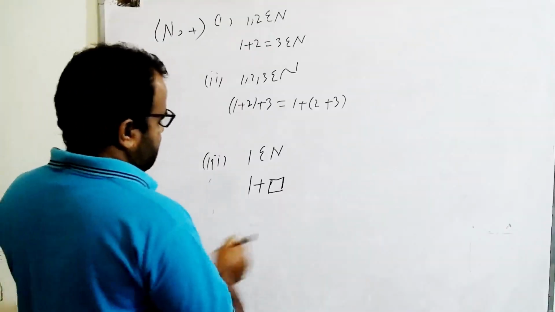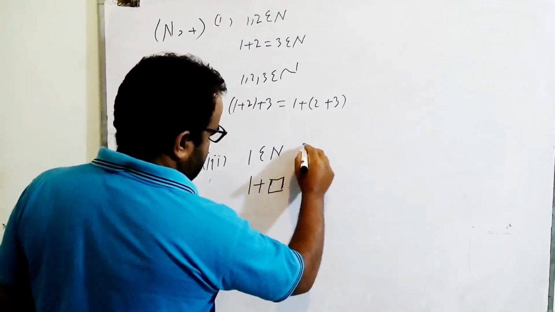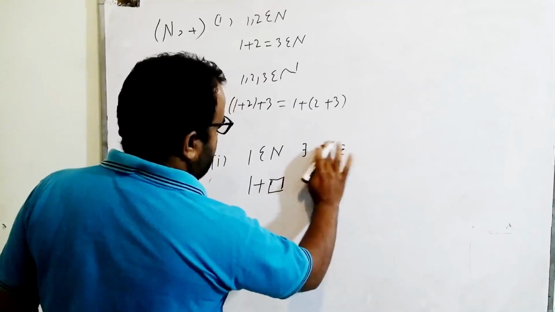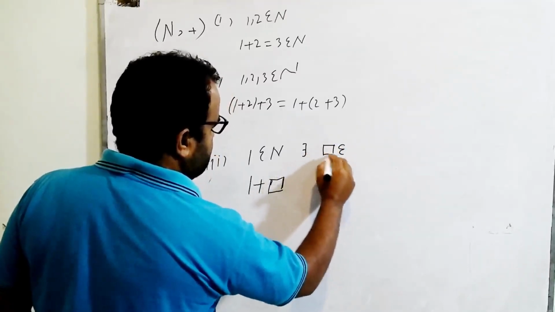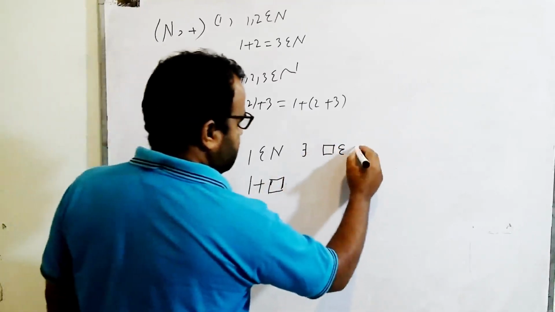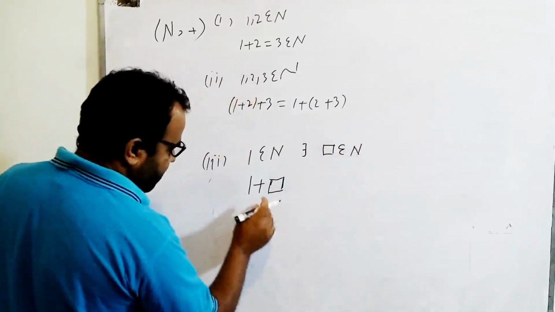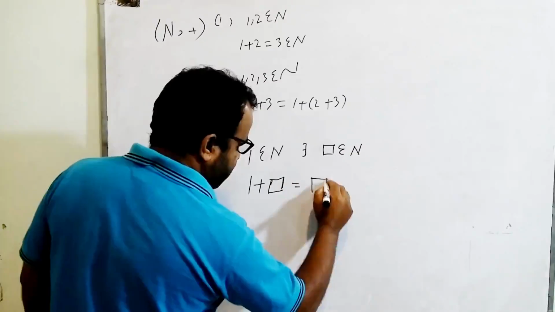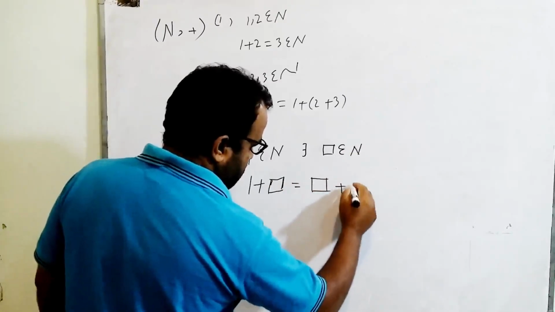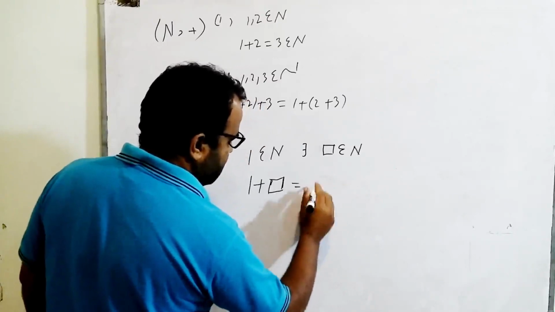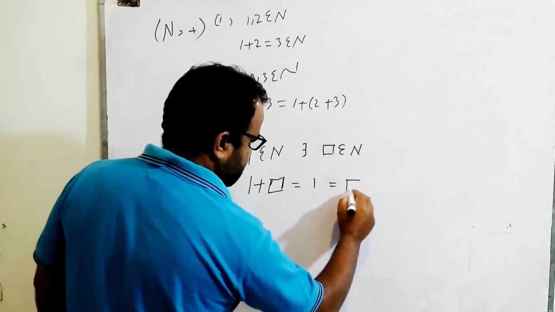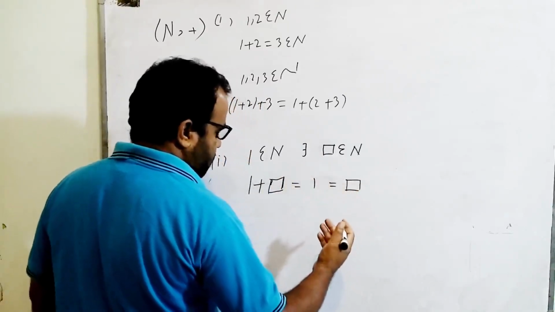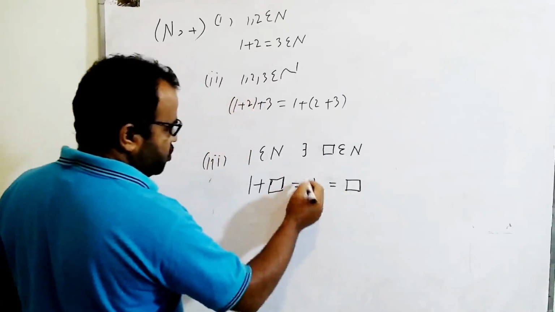There exists an element in N such that when we put that number, either from the right side or from the left side, our answer should be 1. This box means any natural number.